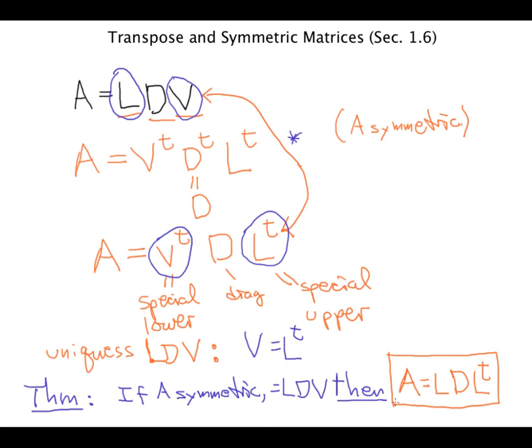The bottom line is that you only have to compute, in essence, half as much information. If you take a typical matrix and you want to compute its LDV decomposition, you have to compute the diagonal matrix and 2 triangular matrices.